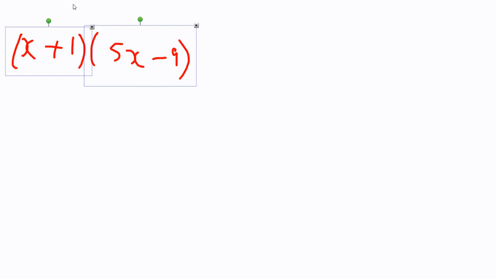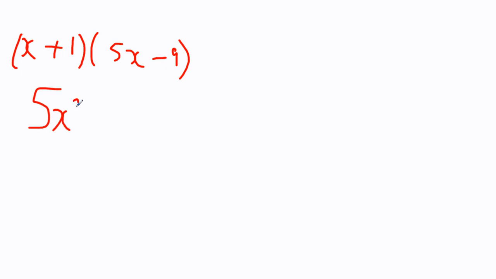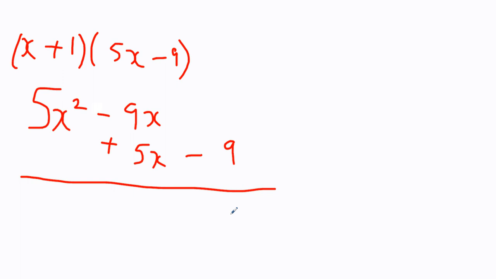So if we multiply x by 5x, we get 5x squared. And then we multiply that, minus 9x plus 5x minus 9. So the final answer will be 5x squared minus 4x minus 9.